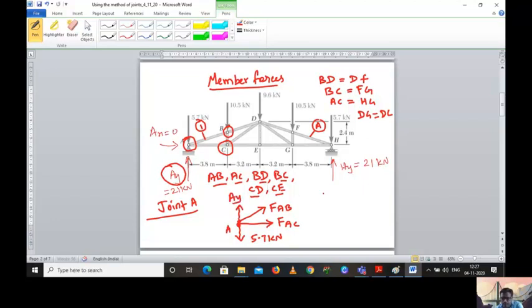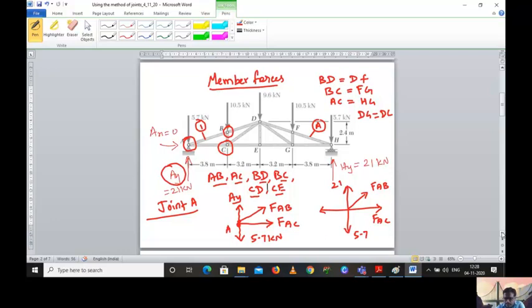Now we can put it in the resolution of forces, and then we can calculate FAB. Then this is FAC, and here it is 5.7, and here you know the value, that is 21. So now you can use the resolution of forces formula and calculate.